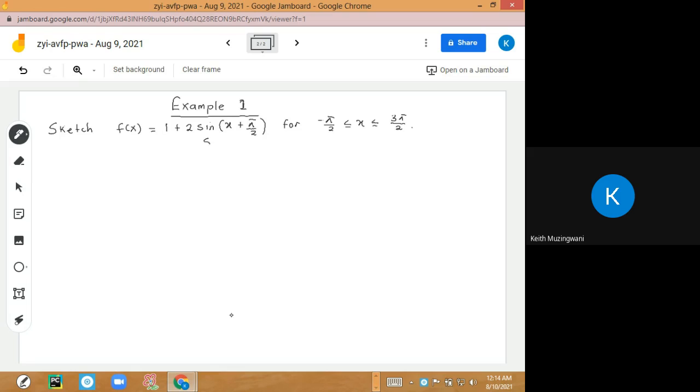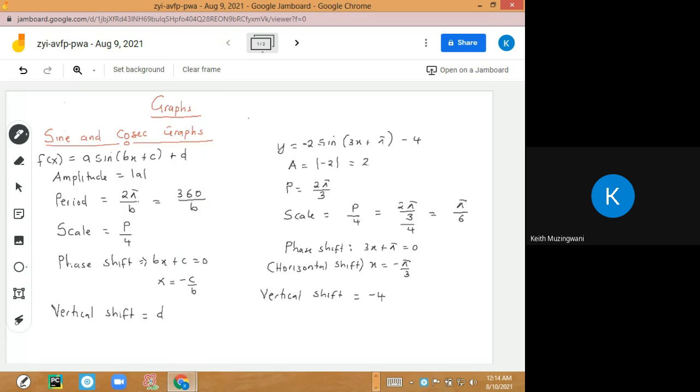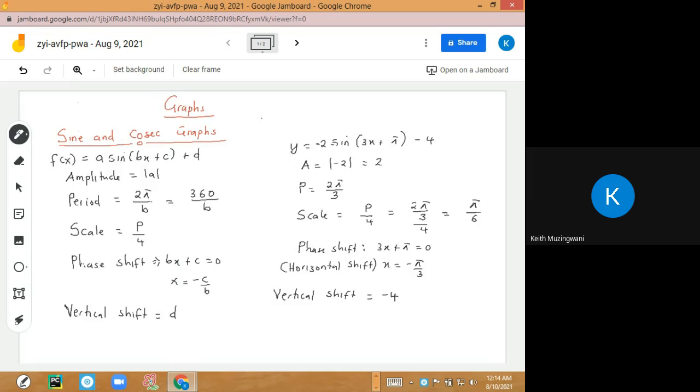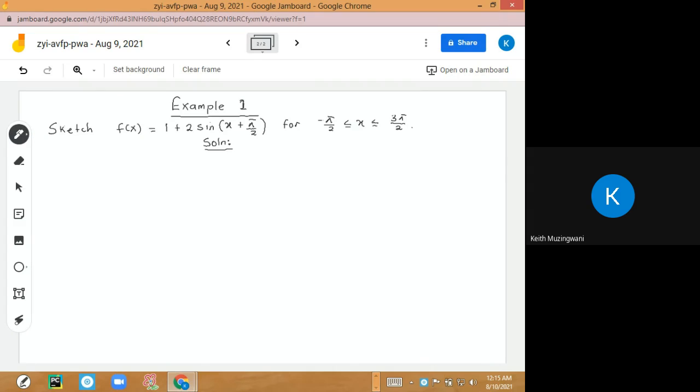So our solution. When you want to sketch, we've got so many properties here. But for us to sketch, we have two methods. Method 1 is you just get the period.